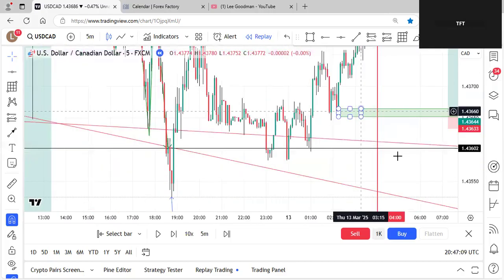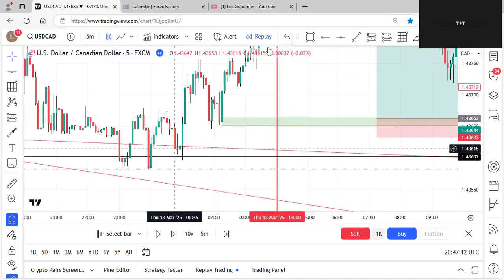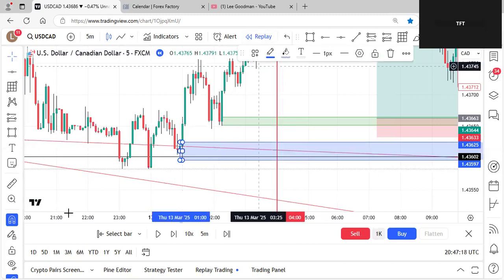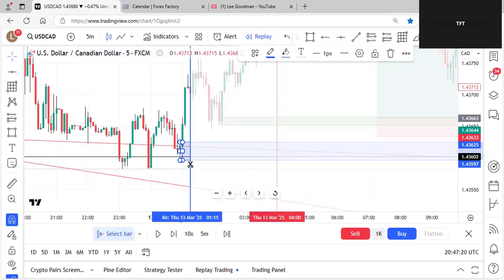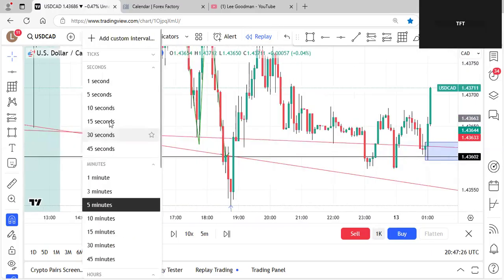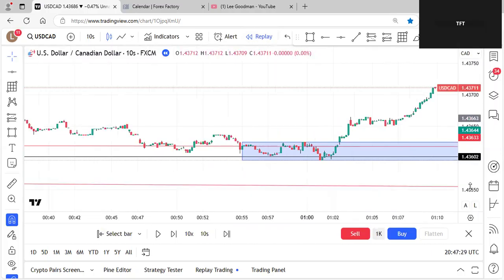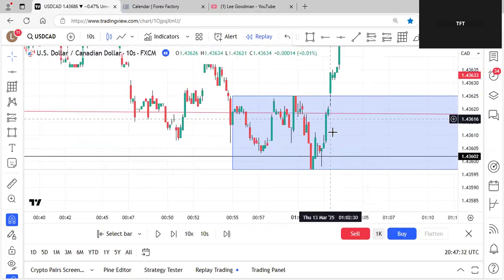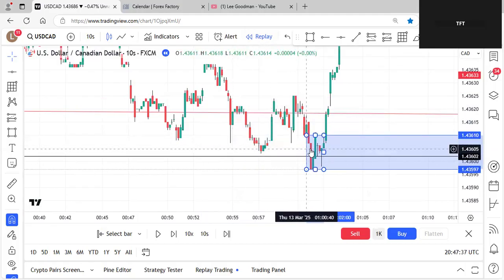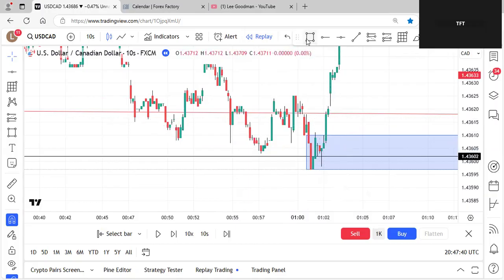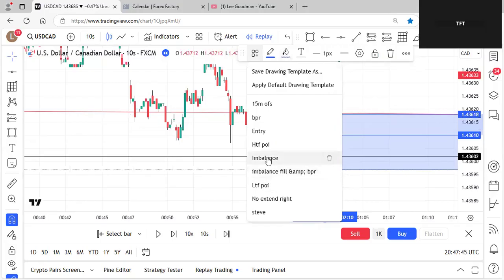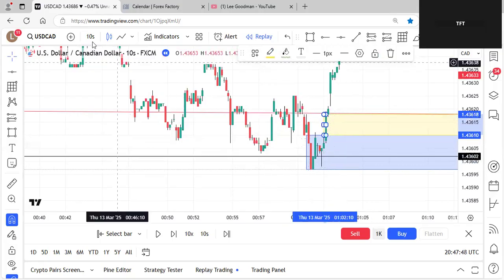So this was possibly always the target. Obviously, it looks like a nice little area anyway. So let's see what it's actually tapped into. So that would have been a nice little entry. Sure, I don't think I'd dare take it on news anyway. But see, there's an imbalance here. So imbalance filled, taps into that.